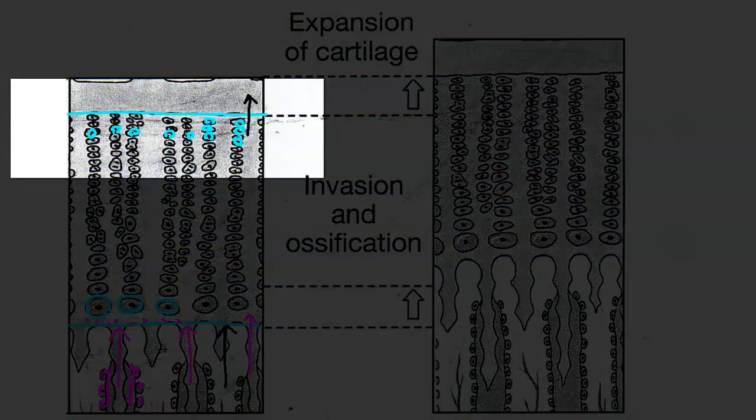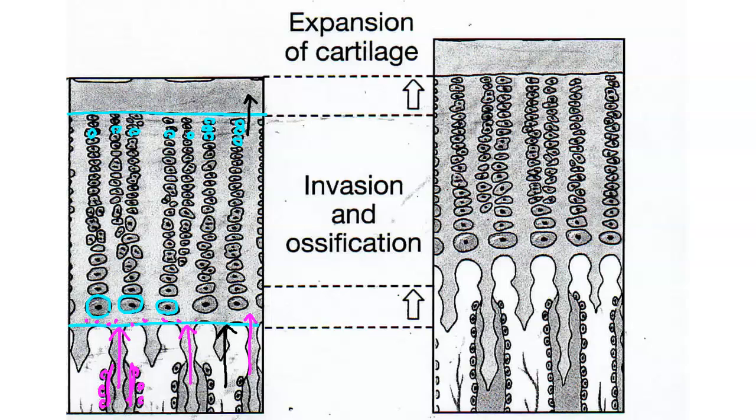When we take a look at this picture, what we see is bone growth went up to here at time 1, but now I see bone has invaded more. So they're showing me there's a certain amount of bone growth there. Same thing with cartilage growth. It looks like the cartilage is ending right about there at time 1. But in this picture, this is a lapse of time. At time 2, the cartilage grew quite a bit, and now the cartilage goes to here.